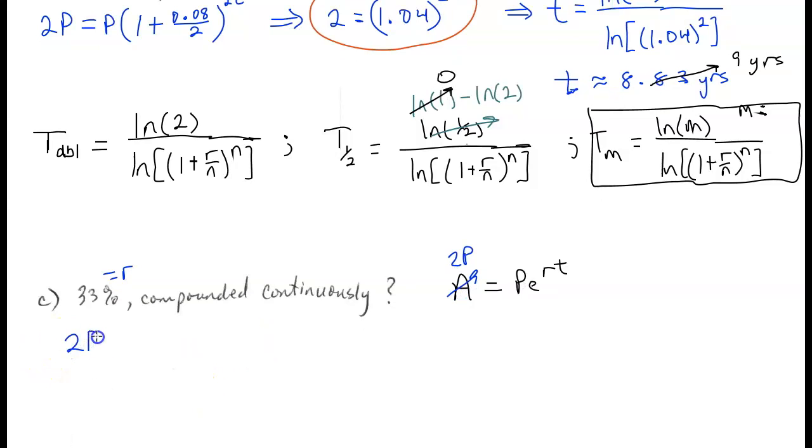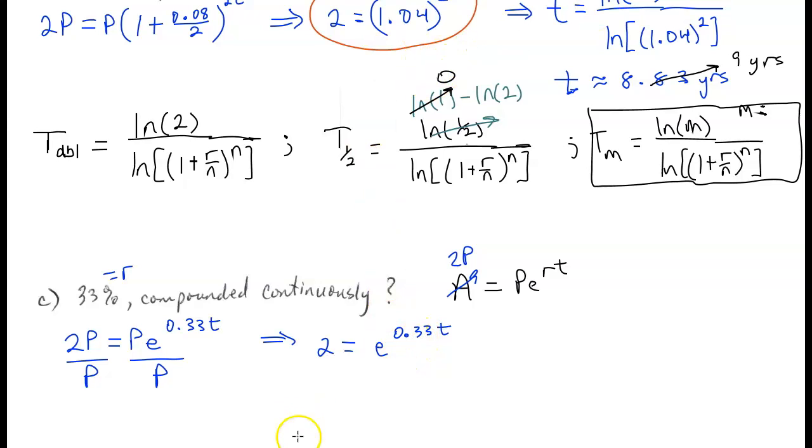So here we would have 2P is equal to P e raised to the 0.33t. And of course, if I divide both sides by P here, this would just end up being 2 is equal to e raised to the 0.33t. And then again, I could take the natural log of both sides here. That's the traditional way of doing it. Another way that I could do it is just directly translate from exponential form to logarithmic form.